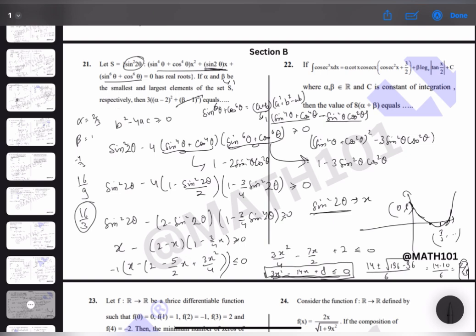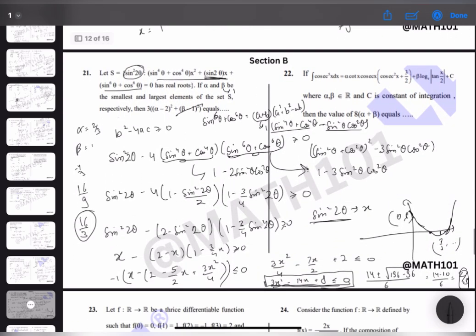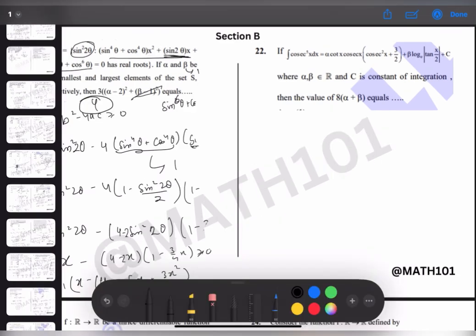So answer is 16 by 3. We made some mistake somewhere. Starting with the next question.